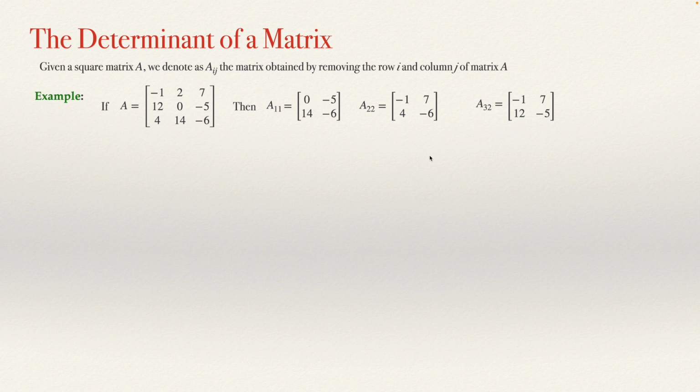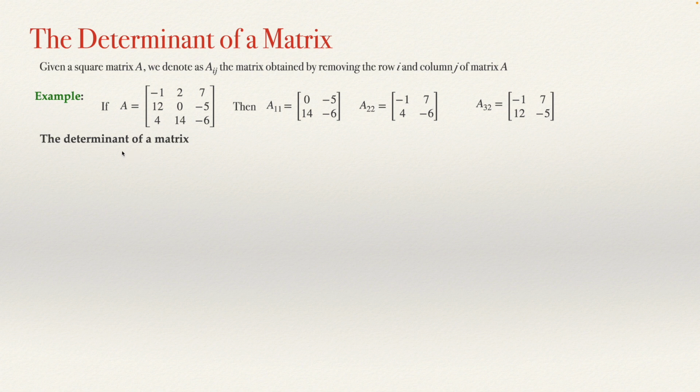This will be important to define the concept of determinant. We are going to use this matrix to find the determinant of A. So now we are ready to define what the determinant of a matrix is.